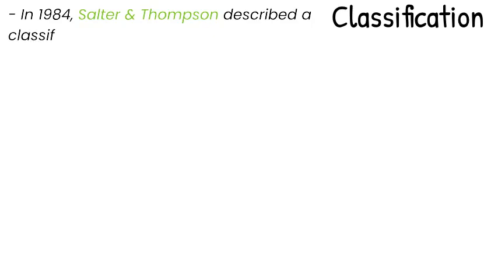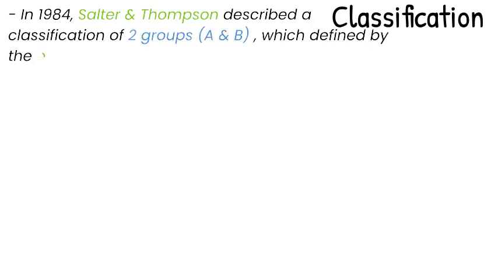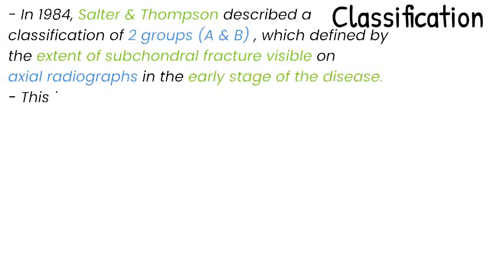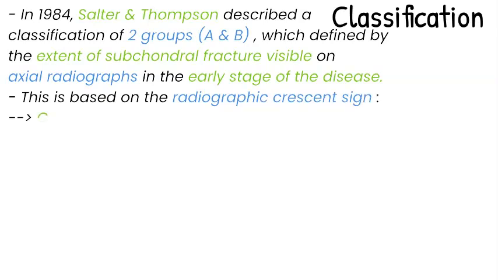In 1984, Salter and Thompson described a classification of 2 groups, A and B, which defined by the extent of subchondral fracture visible on axial radiograph in the early stage of the disease. This is based on the radiographic crescent sign.